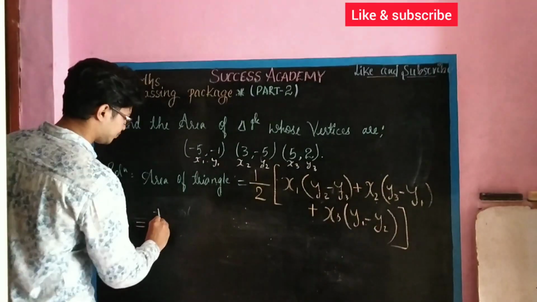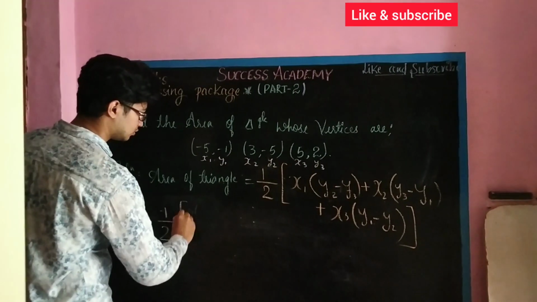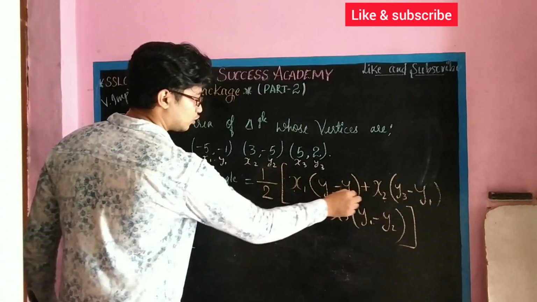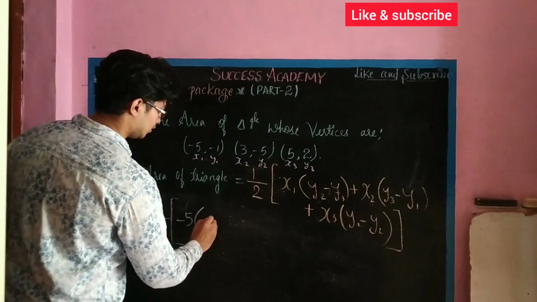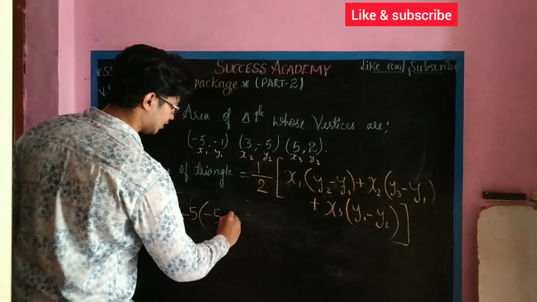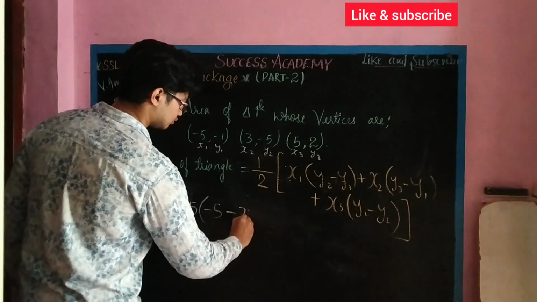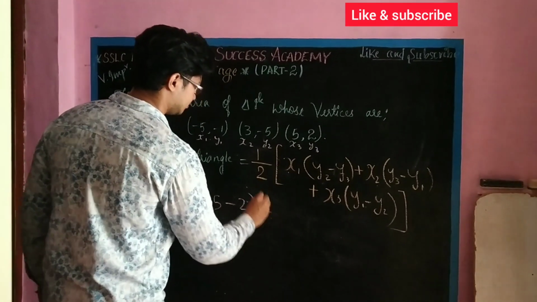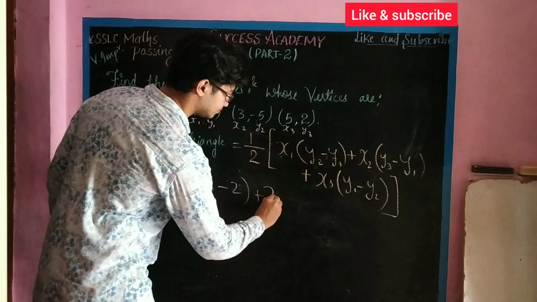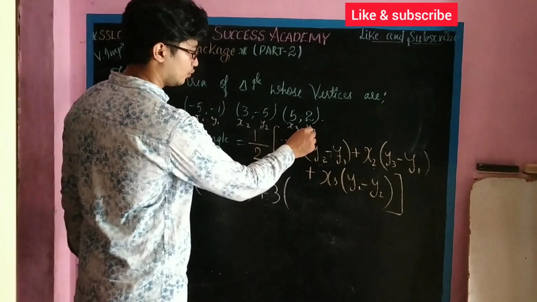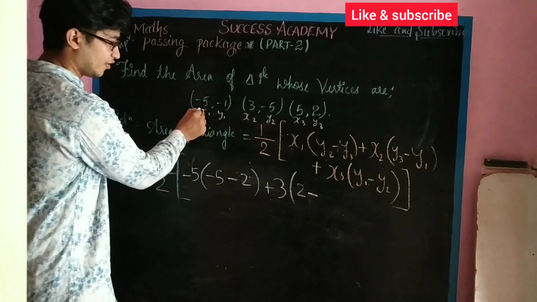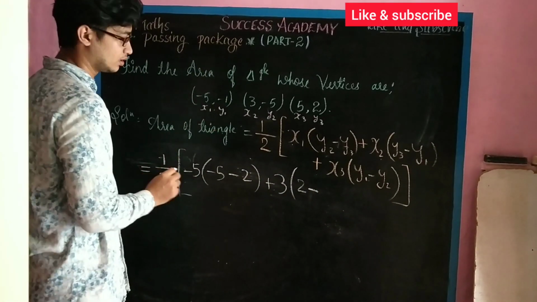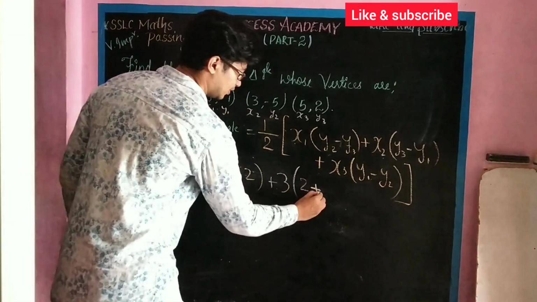Area is equal to half into, substitute the values of x1, y2, y3. x1 is minus 5, y2 is minus 5, minus y3 is 2, plus x2 value is 3 into y3 minus y1. y3 is 2 minus y1 value is minus 1. Minus into minus plus 1.